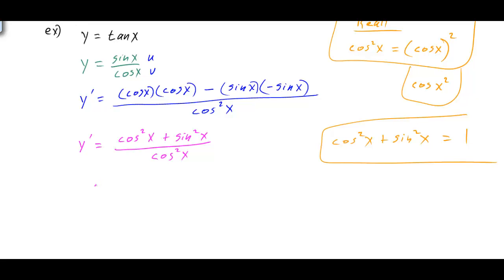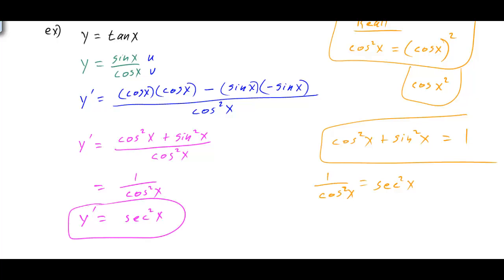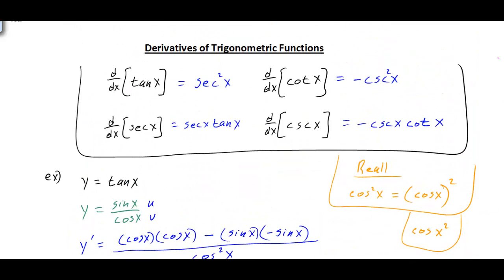So in this case, we could rewrite this as 1 over cosine squared x. Remember, that is the same thing as secant squared. So we could rewrite this simply as secant squared x, and this here is the derivative of our tangent function, and that's what we have up here. The derivative of tangent of x equals secant squared x.